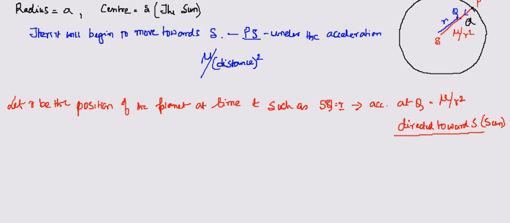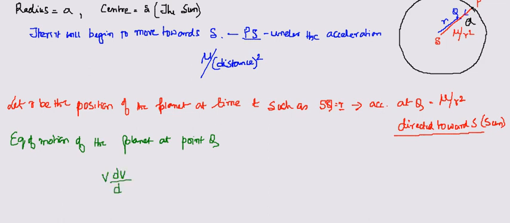Now the equation of motion of the planet at point Q, we have v dv by dr equals minus mu by r square.